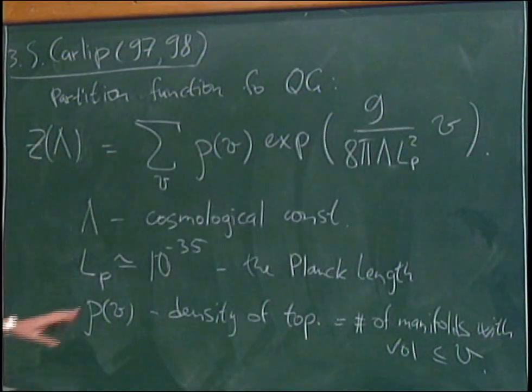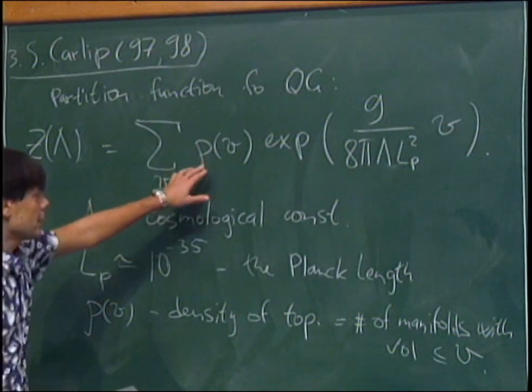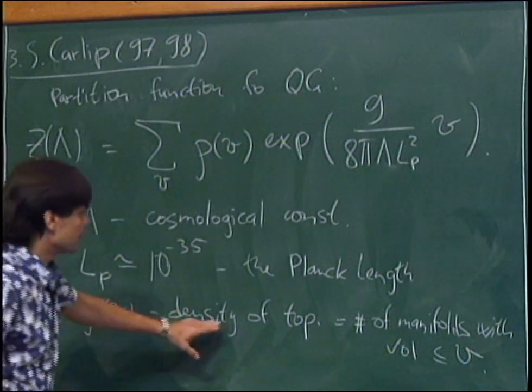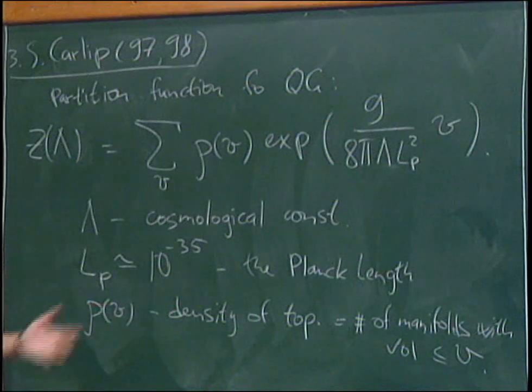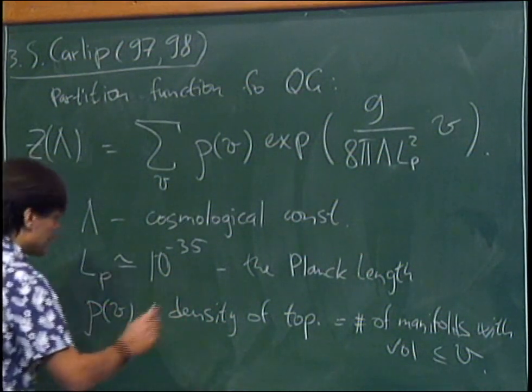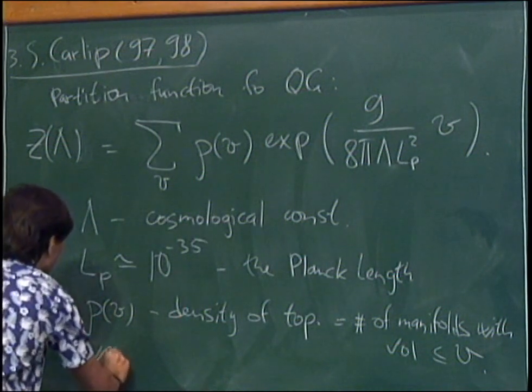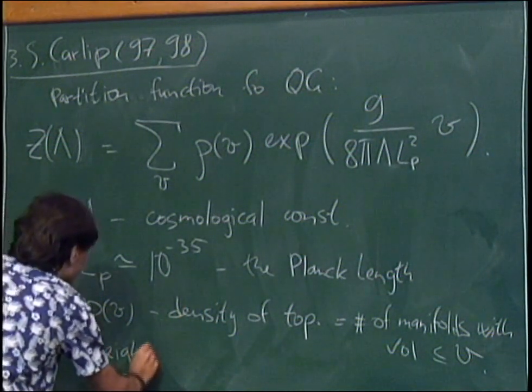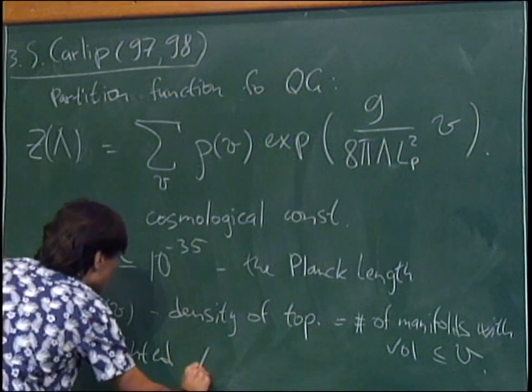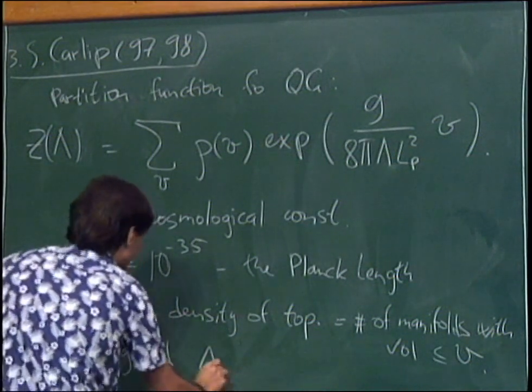And okay, there is another thing here: this is the density of topologies, but it's weighted. It's weighted by a factor which is called an action factor. So this rho is weighted by some exponential factor on volume.